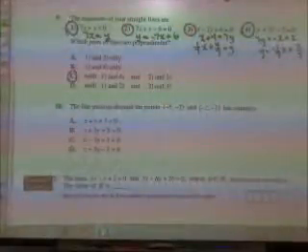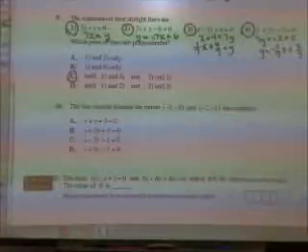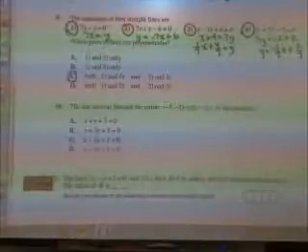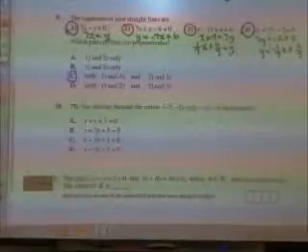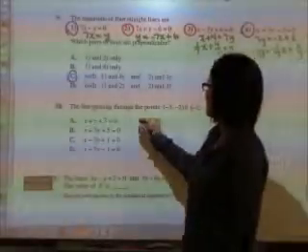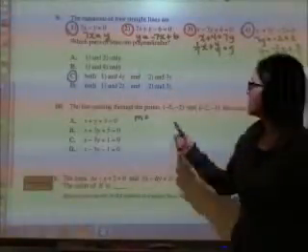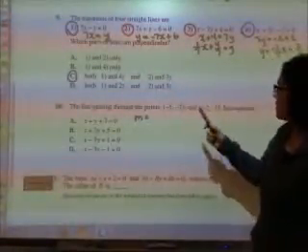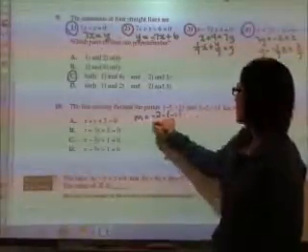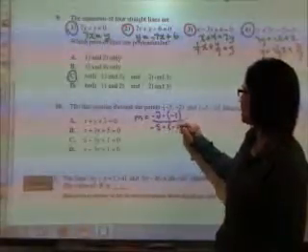Okay. Question number 10, the line passing through the following points has what for an equation? So how do I figure this out? I need to find the slope first. So the difference in the y values, -2 minus -1, and the difference in the x's, -5 minus -2.